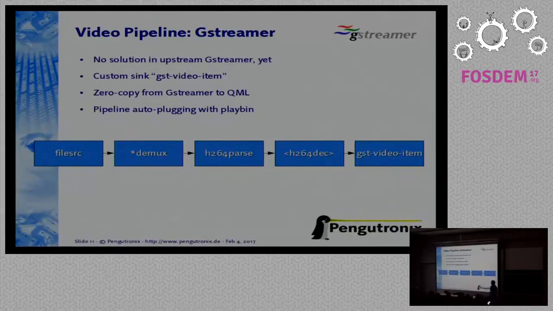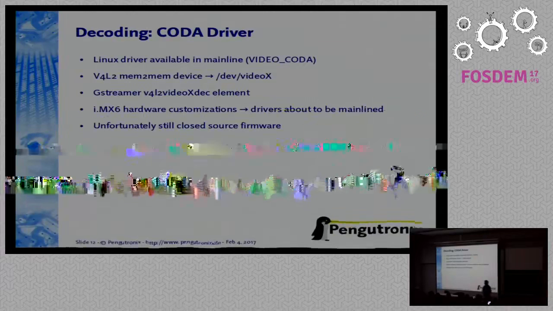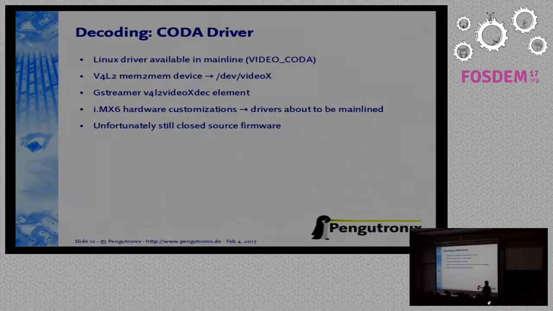So what can we use for that? There is a Coda driver in the Linux kernel. It's the config item video Coda. You enable it, and if you're running on an i.MX6 and everything is configured correctly, you will see a /dev/videoX device node from the driver.